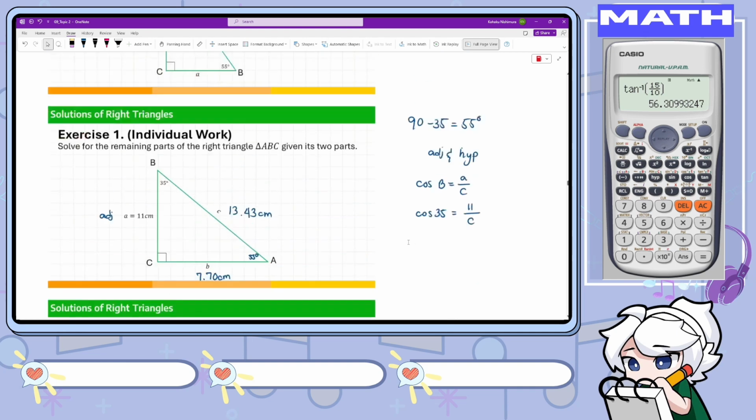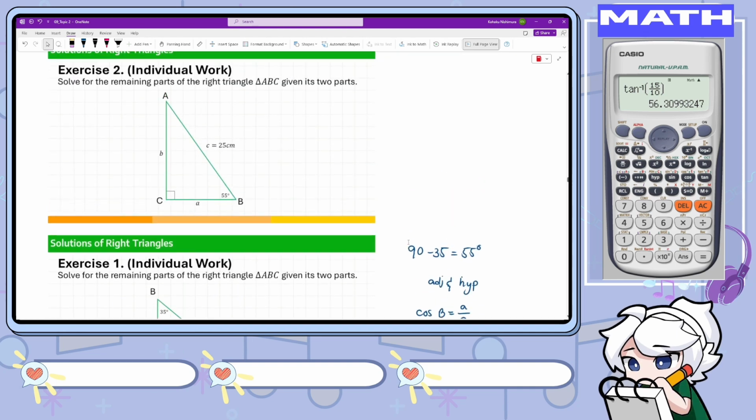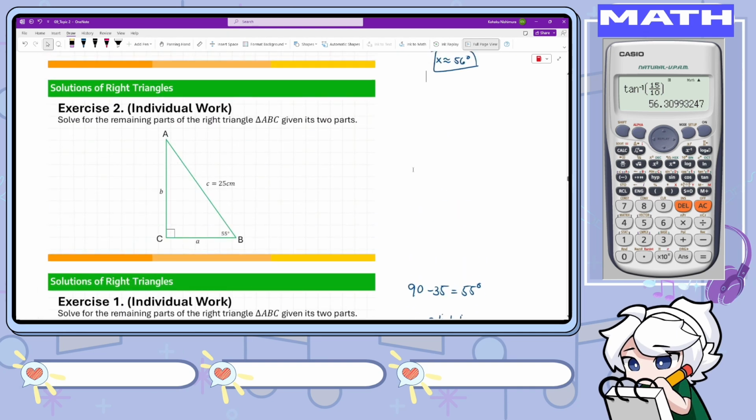There's sometimes a good question. And sometimes when I solve for these measures of right angles, do I still use secant, cosecant, and cotangent? Much better that we just use the three main functions. We only use those cases in extreme cases wherein we are being asked explicitly what is secant, cosecant, and cotangent.